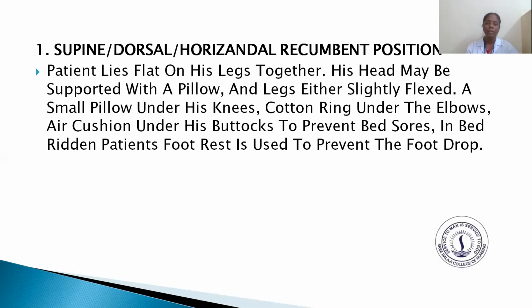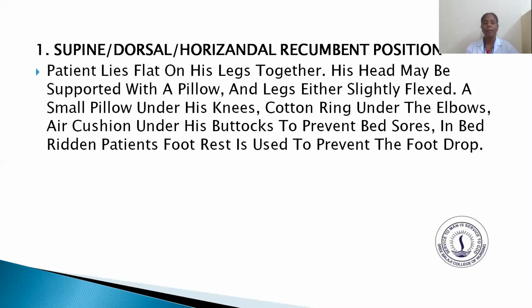So far, we discussed the supine, dorsal, horizontal recumbent position. Once again, to repeat: the patient lies flat with the legs together. The head may be supported with a pillow and the legs either slightly flexed.